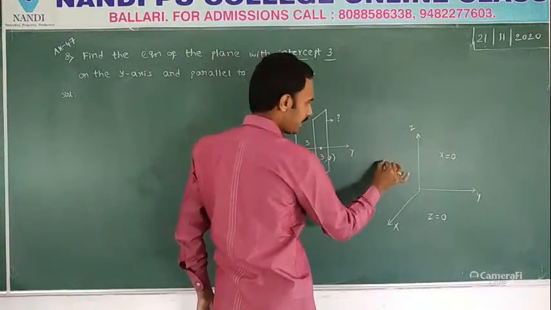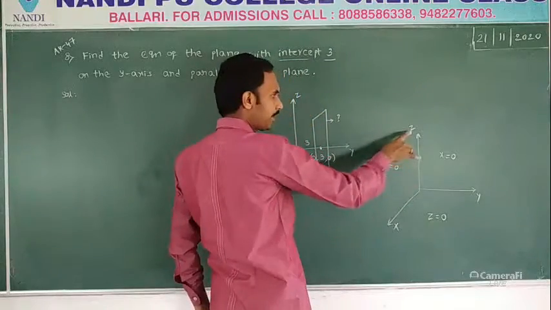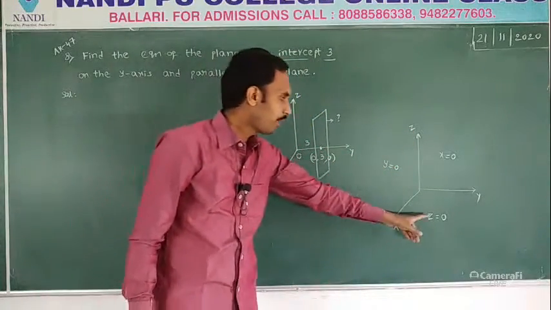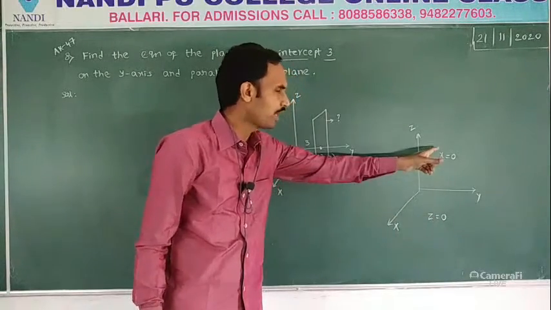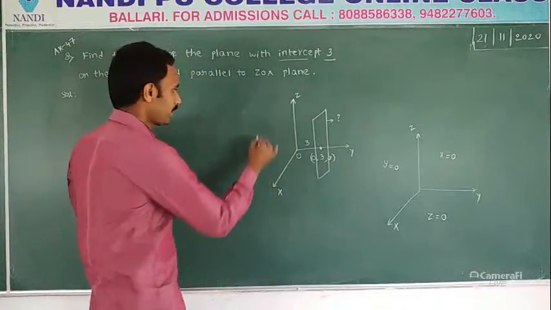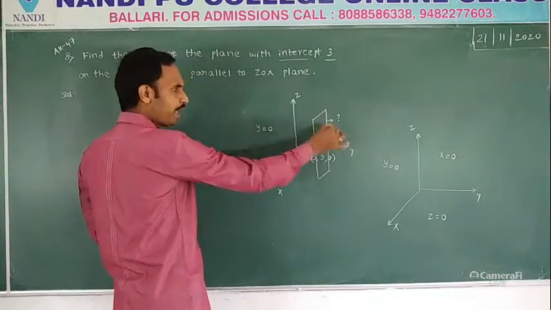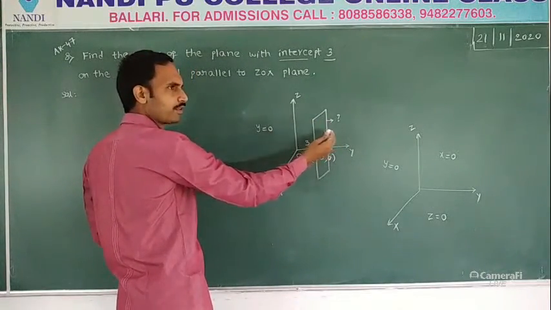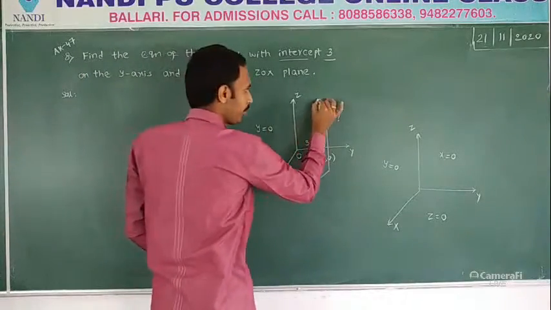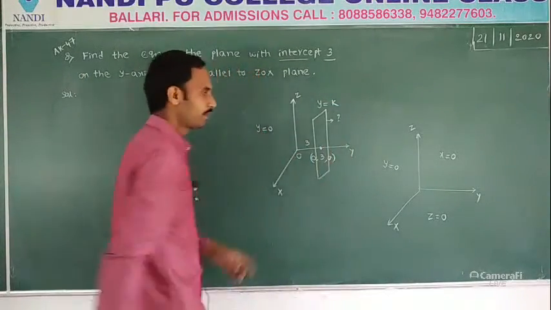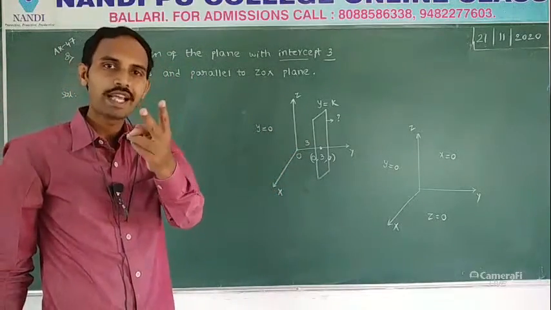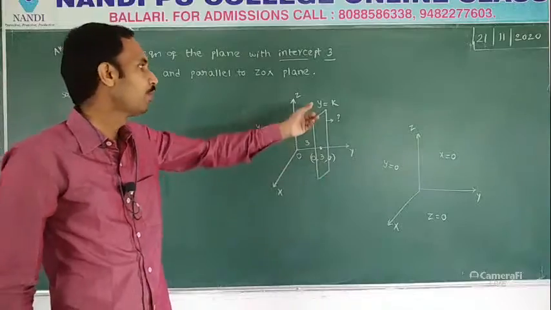The equation of zx plane is y equal to 0. Any plane parallel to zx plane, two parallel planes differ by a constant only. So, this plane's equation is y is equal to k.